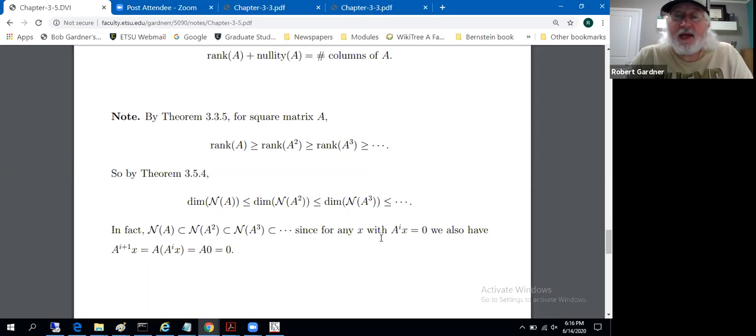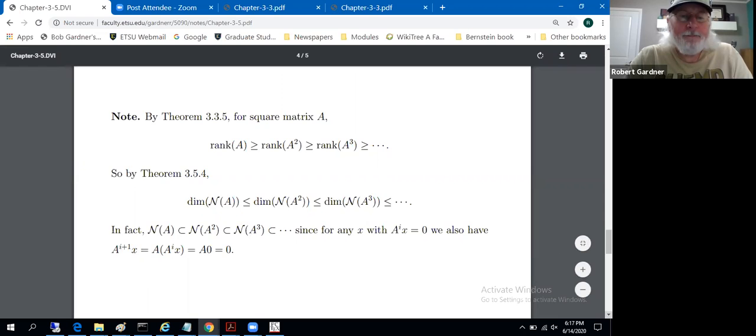Because if we have a vector x such that A to the i times x equals 0, in other words, x is in the null space of A to the i power, then A to the i plus 1 times x is A times A to the i times x. But we just said A to the i times x equals the zero vector. So of course we get the zero vector out. So if we've got something in the null space of A to the i, then we've got something in the null space of A to the i plus 1. That's how we can draw that subset inclusion relationship on the null spaces.